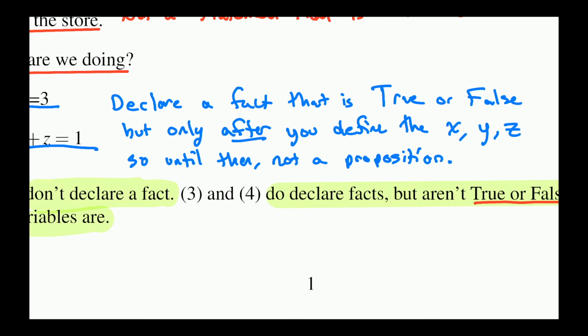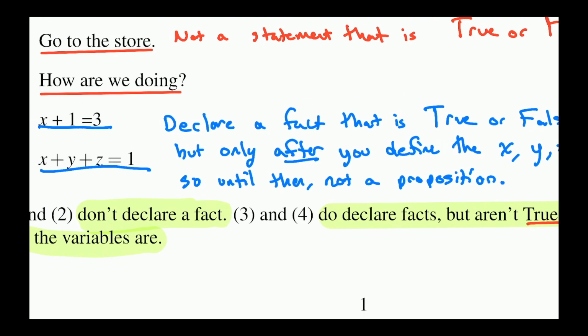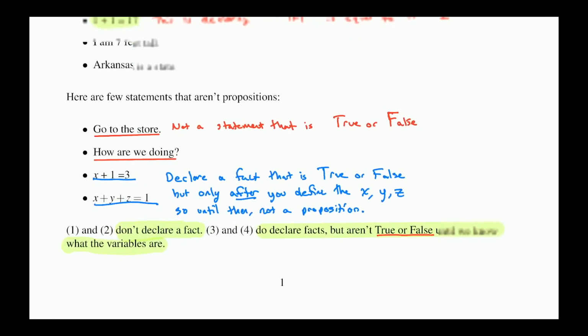And something I want to say about this is that on the homework you're probably going to have to say whether or not something is a proposition, and you'll need to think about this. But after this section, you're not going to have to worry about it again. So don't get super hung up on these things.